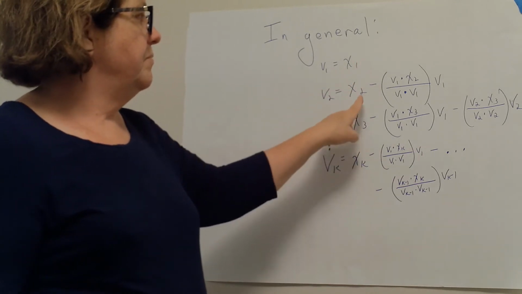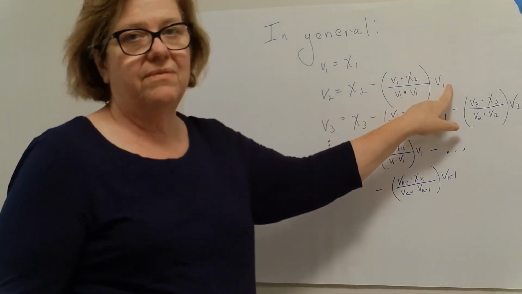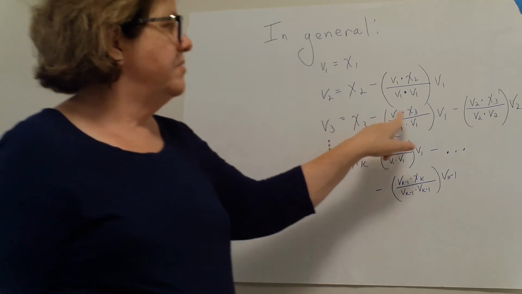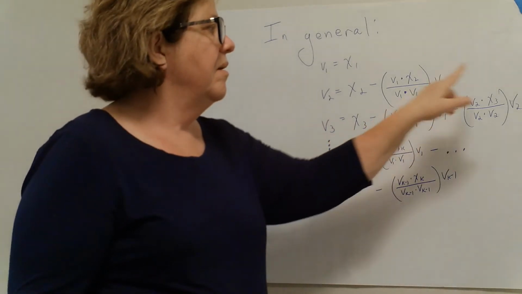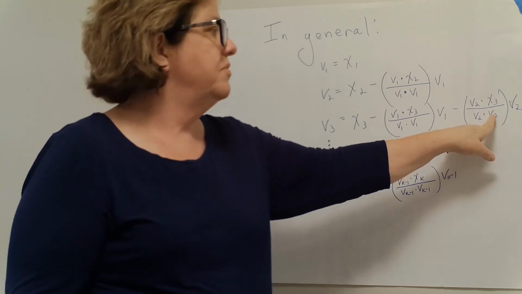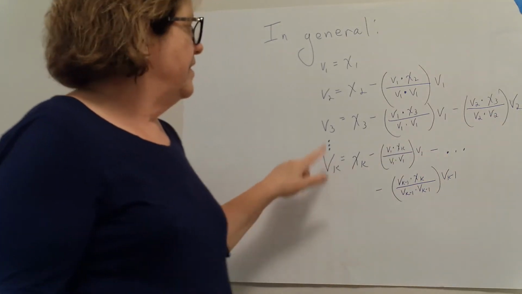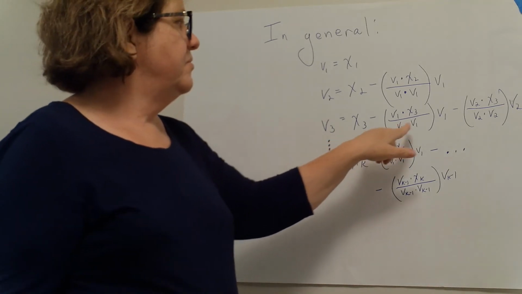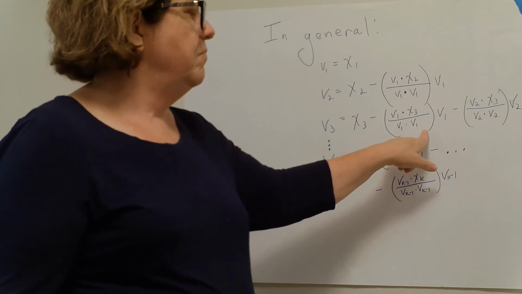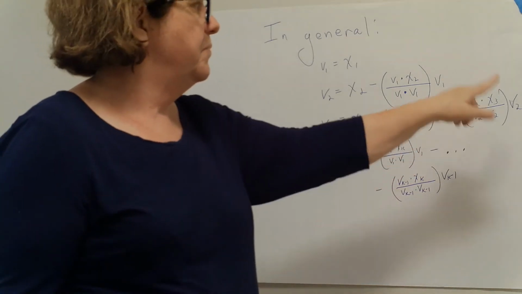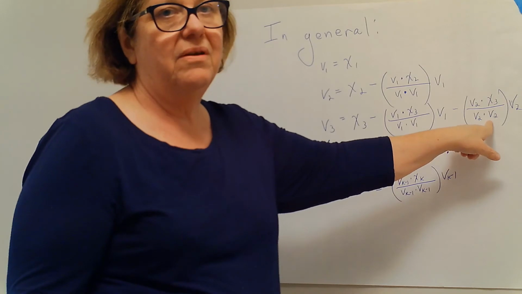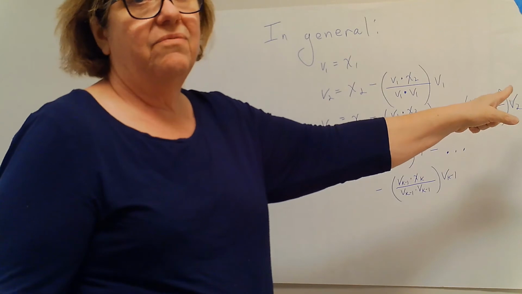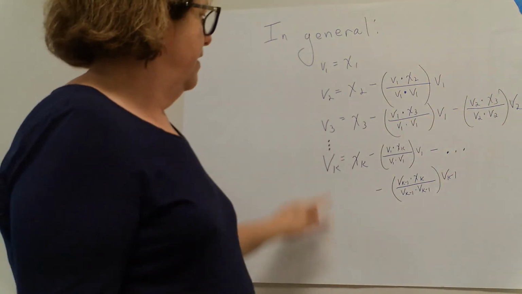The second vector would be x2 minus the projection of x2 on v1. The third vector would be x3 minus the projection of x3 on v1 minus the projection of x3 on v2. The next one, if we had a v4, would be x4 minus the projection of x4 onto v1 times v1, minus the projection of x4 onto v2 times v2, minus the projection of x4 onto v3 times v3, and so on.